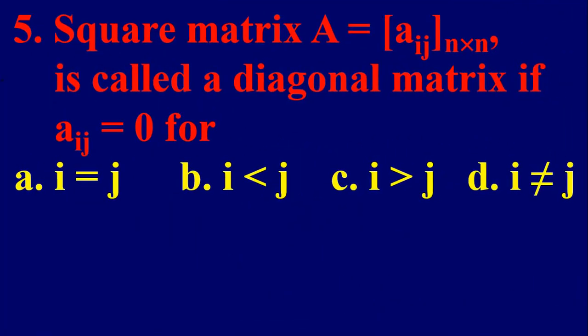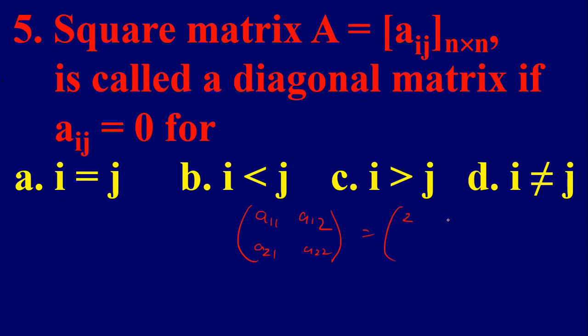Next question. A square matrix A, that is Aij of order n cross n, is called a diagonal matrix if Aij equal to 0 for what condition? Now we consider one square matrix with A11, A12, A21 and A22. In a diagonal matrix, the elements other than the diagonal elements should be 0.